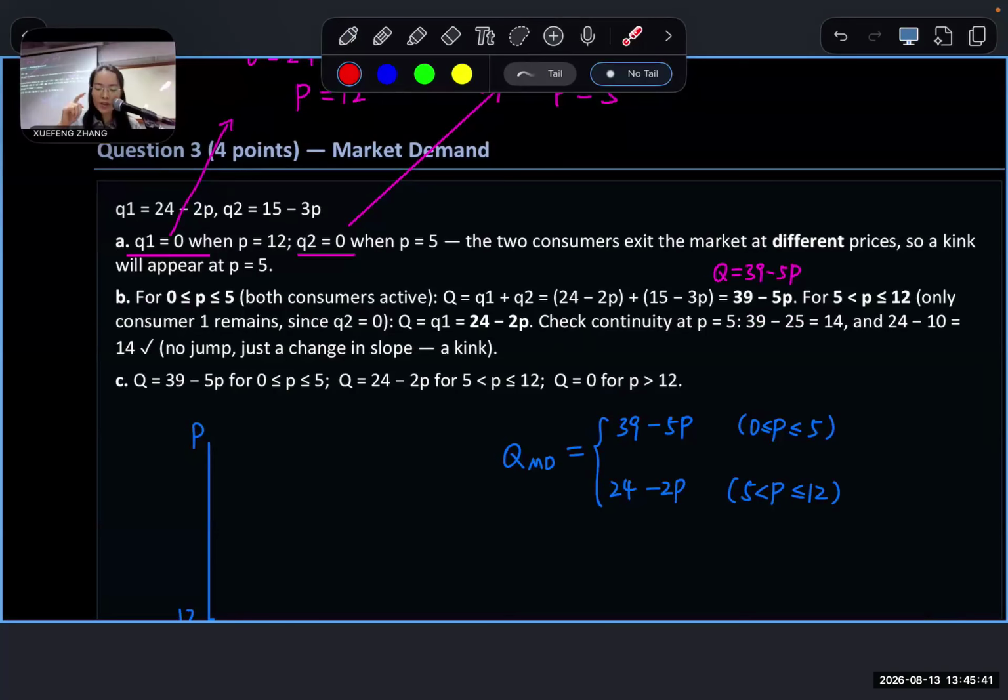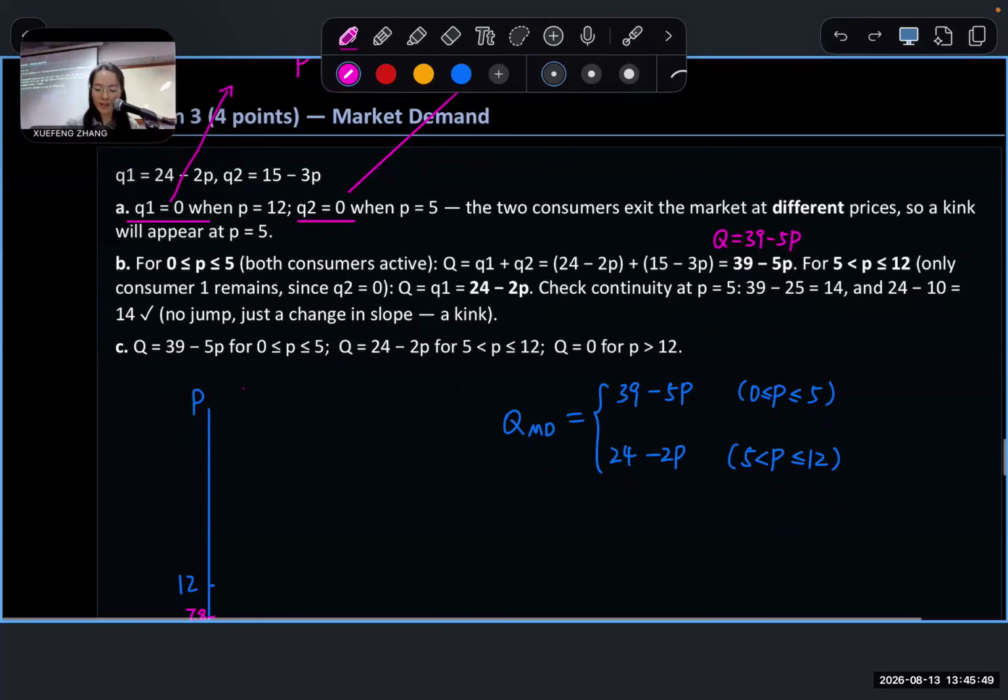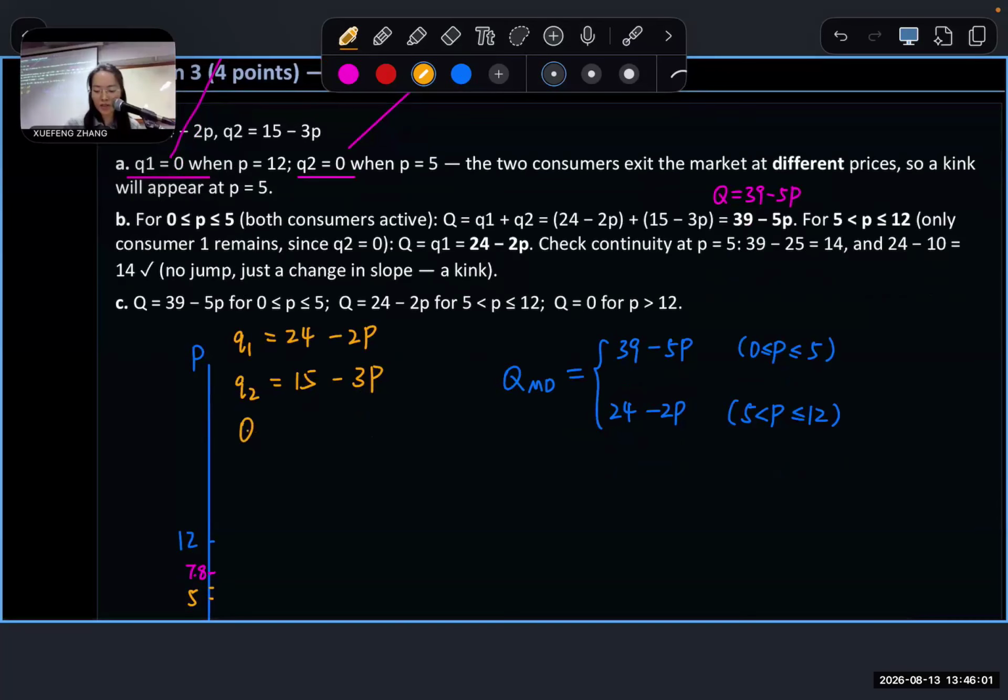Basically here you need to draw 3 lines. Why 3? The first one is Q1 equals 24 minus 2p. Second one, Q2 equals 15 minus 3p. The third one, which is the market demand, Q equals 39 minus 5p.